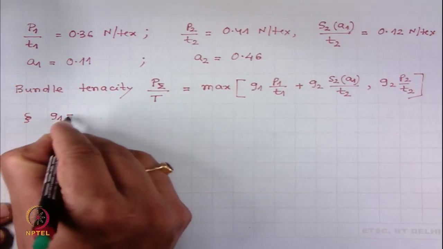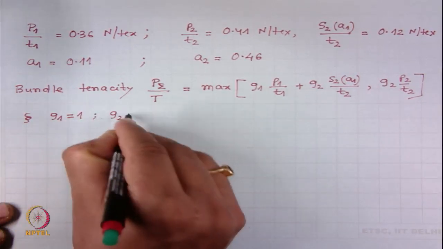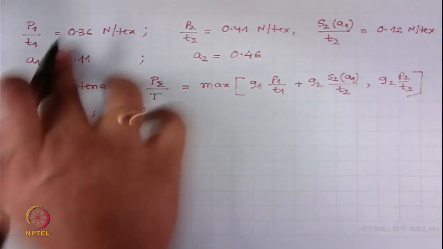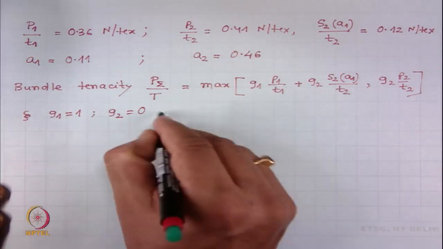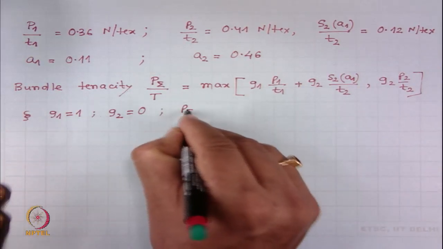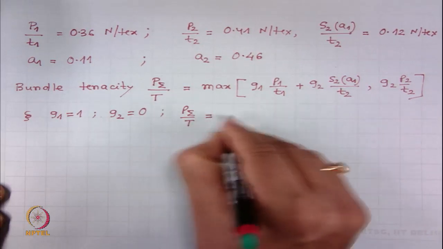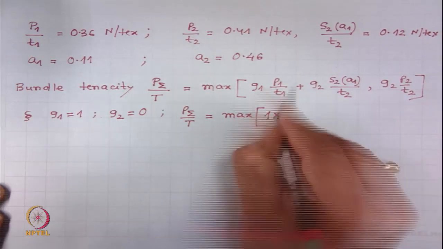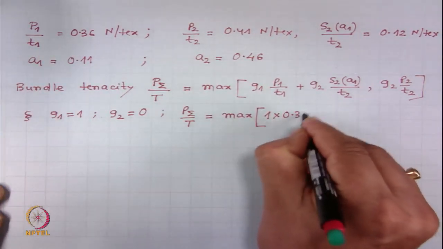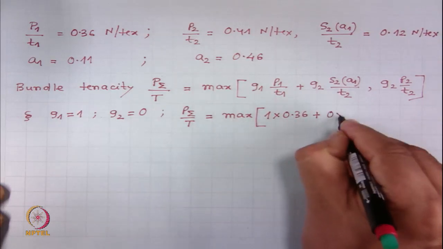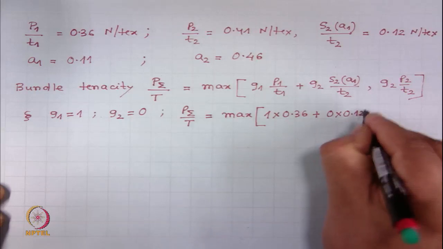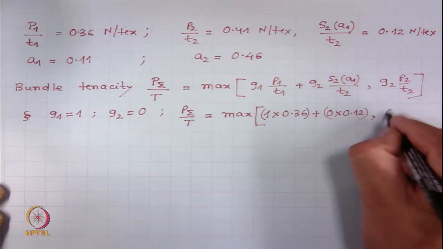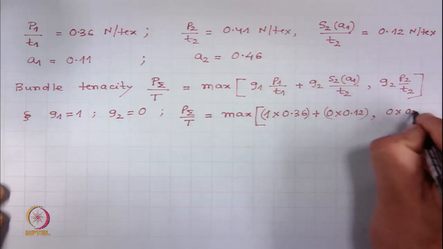When G1 is 1 and G2 is 0, that is 100% cotton fiber, we will substitute all these quantities here. This will be the maximum of G1 is 1 into P1 by T1, 0.36, plus G2 is 0 into 0.12, comma, G2 is 0 into 0.41.